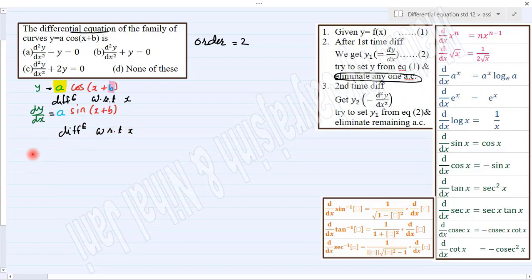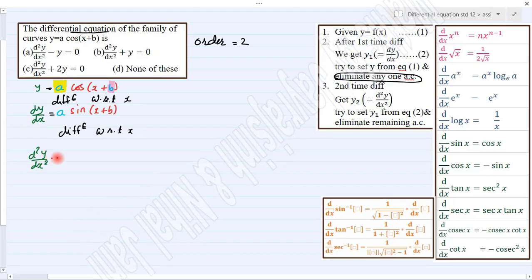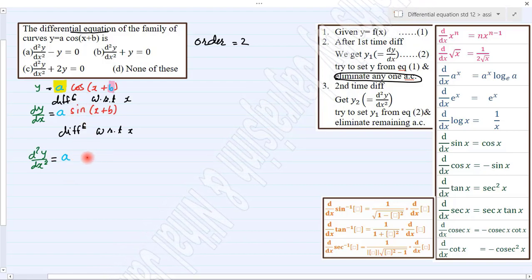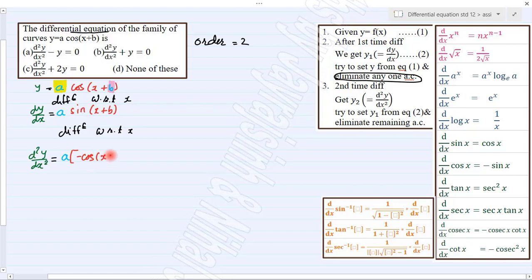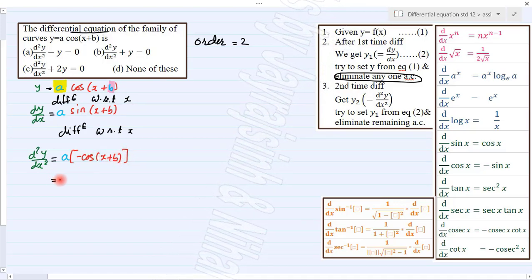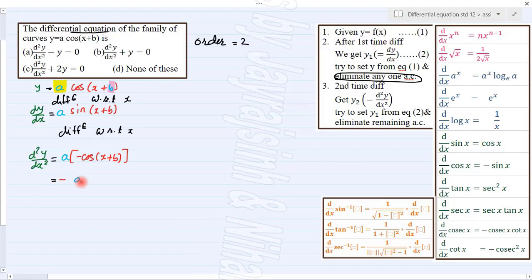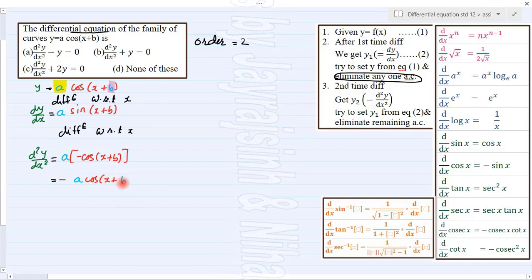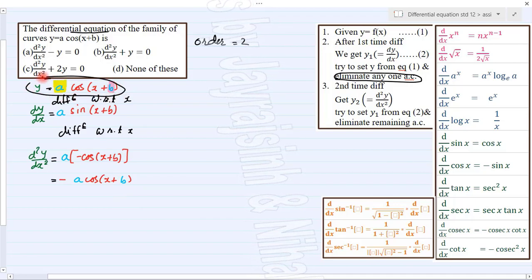So we will get d square y by dx square is equal to a into the differentiation of sin(x plus b), which will be minus cos(x plus b). Here, if we take the negative sign outside, then we will get a cos(x plus b), which is nothing but our y.